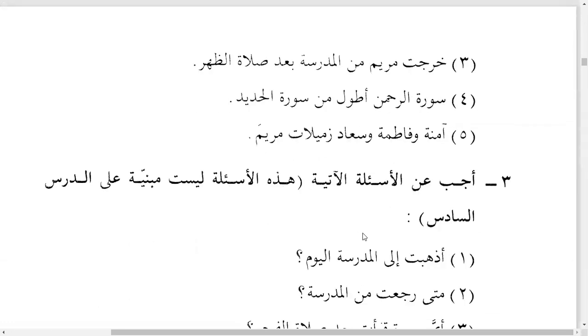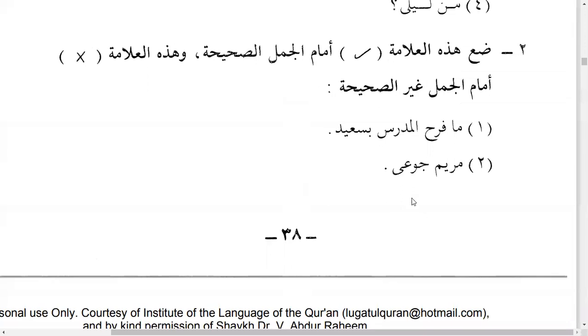I forgot the reason why it's Jawa, not Jawan. Jaw'an is used for a masculine, singular person. So for example, when you talk about yourself, you will say, Ana Jaw'an. Okay, for the feminine, it will be Jaw'a, on the pattern of Fa'la. So Maryam is feminine, so that's why it is Jaw'a.